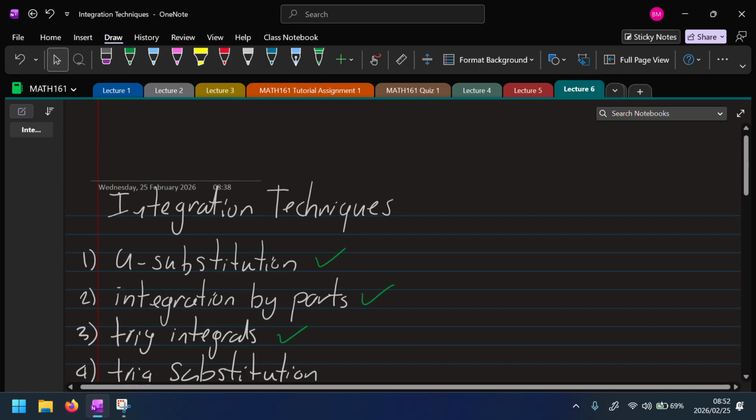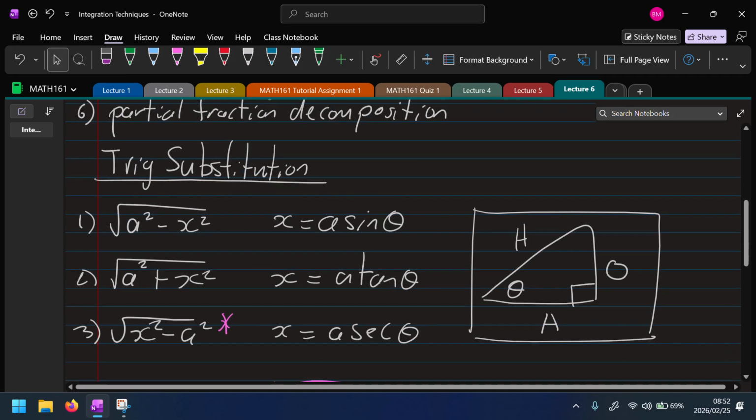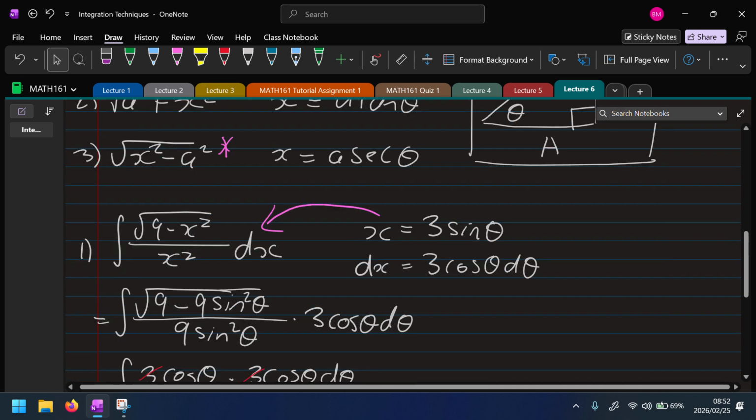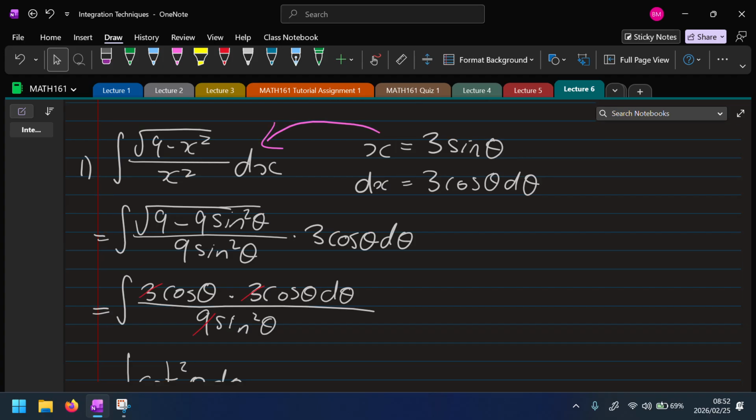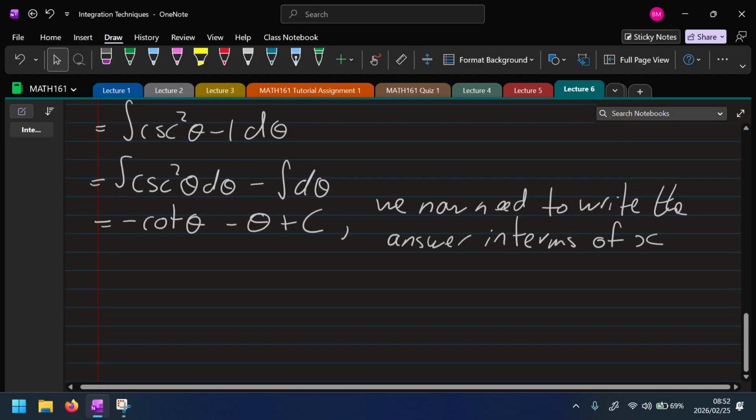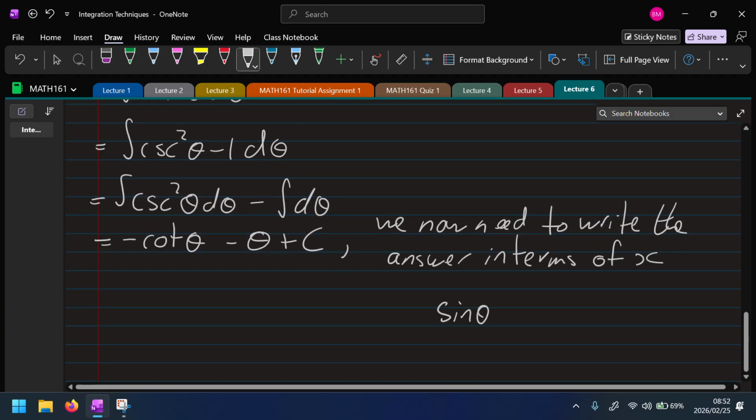Okay, and this is where we're going to use our triangle from earlier. From our substitution, we know that x is equal to 3 sine theta. We can rearrange this a little bit to write sine theta is x over 3.